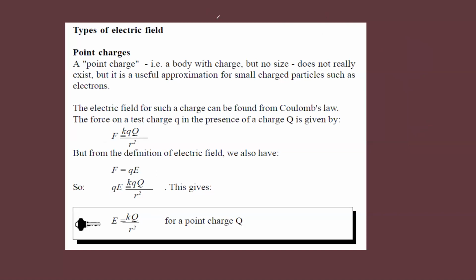Is it clear? Yes, sir. So just copy the last formula. Types of electric field: first is the electric field of a point charge, given by E is equal to KQ over r squared.